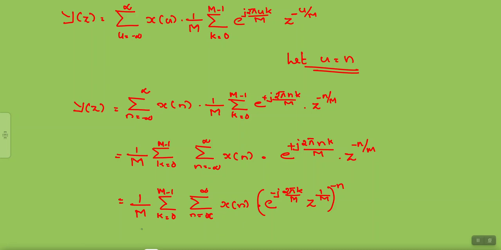So this is equal to 1 by m summation k equal to 0 to m minus 1 x of e raised to j 2 pi k by m z raised to 1 by m.